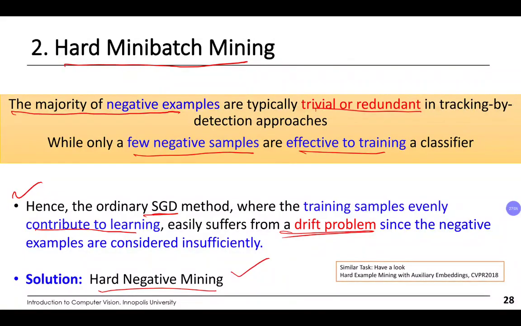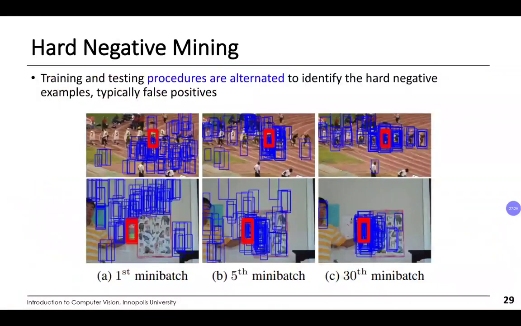Similar work is also a very hot topic in the research area. Two years after they published this paper, there is another paper in CVPR, hard examples mining with auxiliary embeddings. If you are interested, you can check this paper as well. Now, when we are talking about hard negative mining, I put another slide in the appendix as well.